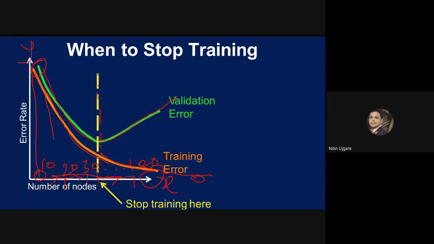And if the model is complex, at some point you will get zero training error, but reducing the training error to zero will increase the validation error. And that is the variance. That means we are getting high variance.